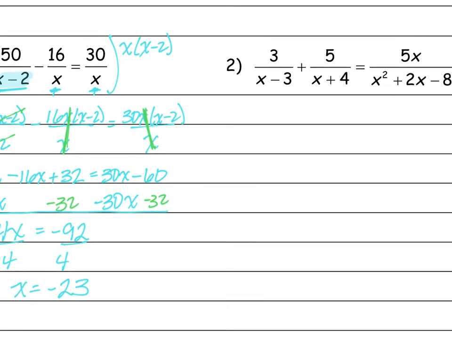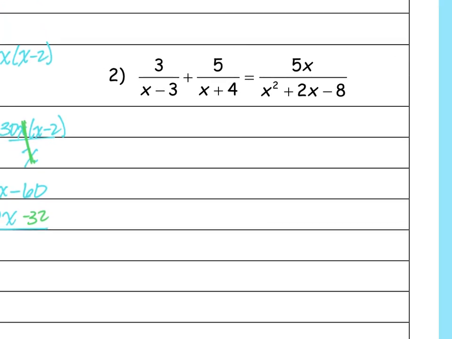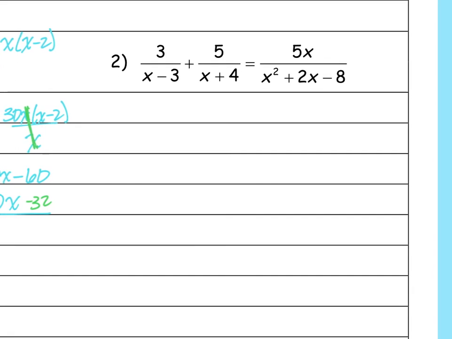All right. So before we do number 2, what do you think I need to do? Factor. What am I going to factor? The denominator. Right. Well, I can only factor one denominator, but yes, I'm going to factor the denominators. So I'm going to factor this denominator, and I think it factors to x plus 4 and x minus 2.